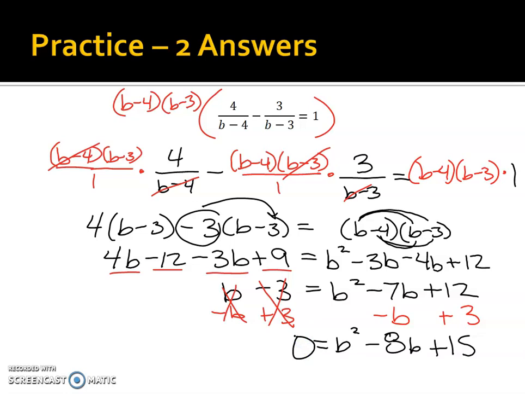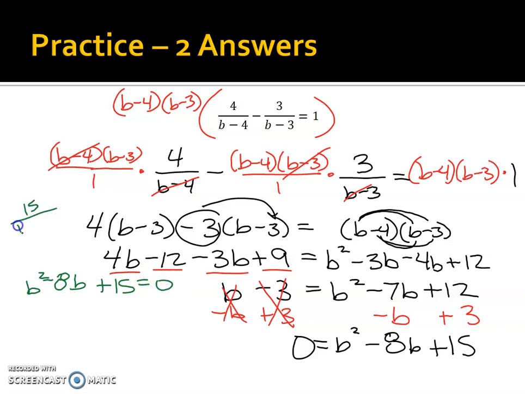So since I have b squared minus 8b plus 15 and it equals 0, now I can go ahead and factor. Okay? I'm going to change my colors. I'm going to write it up over here on the side where I've got a little bit of room. B squared minus 8b plus 15, and that equals 0. So I'm going to do 1 times 15.